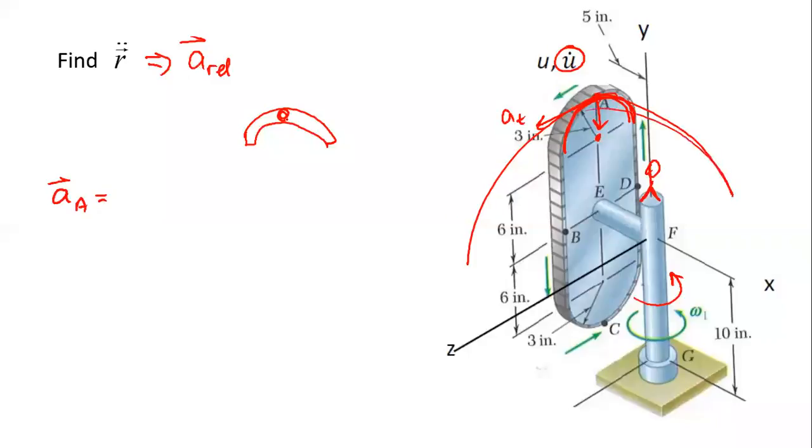Remember, we had some problem where I can't remember if this wheel was rolling, but we just went up to here and used that type of radius instead of the whole radius. So if you're going around a curve, it's just like a car going around a path.